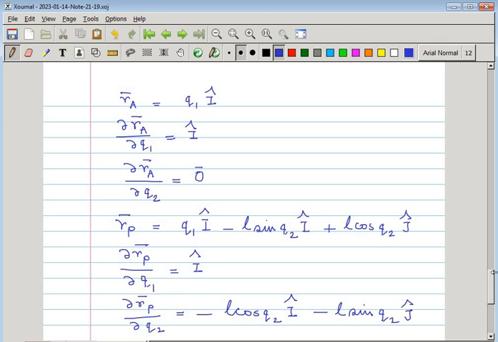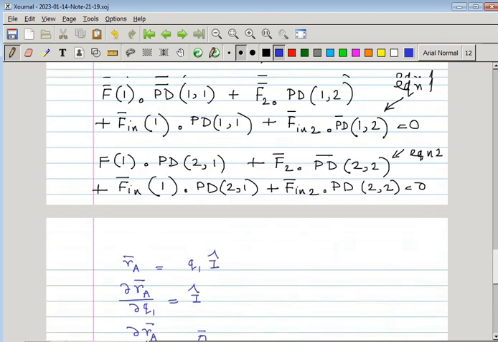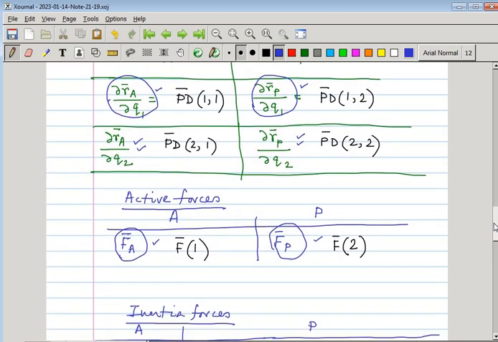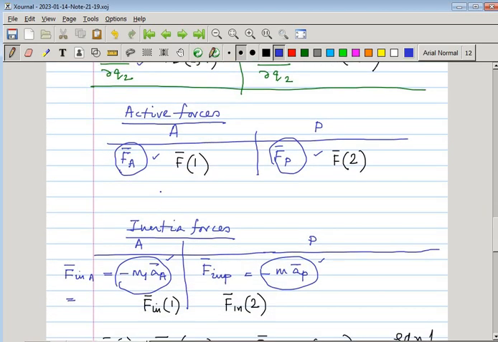So see, we have got these 4 entries. And now what is F1?